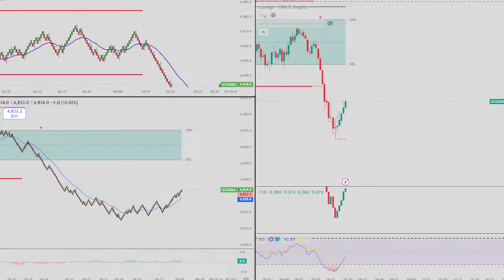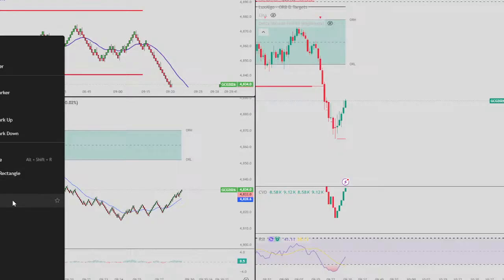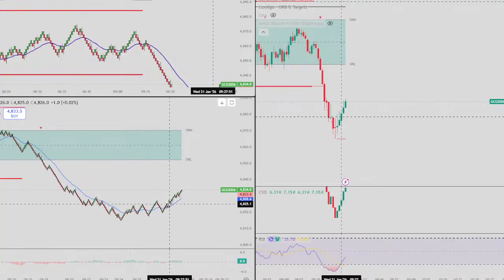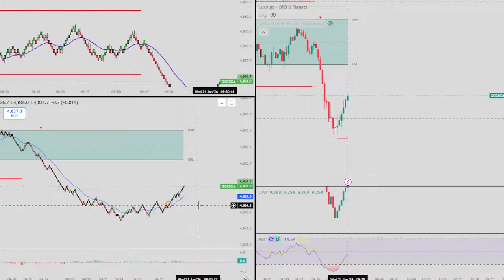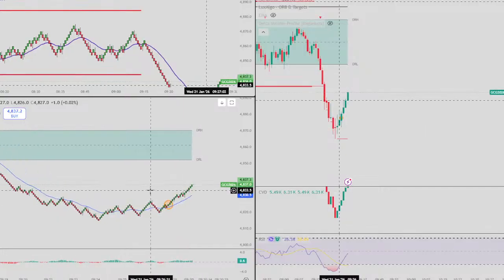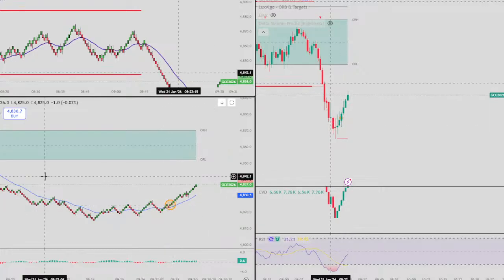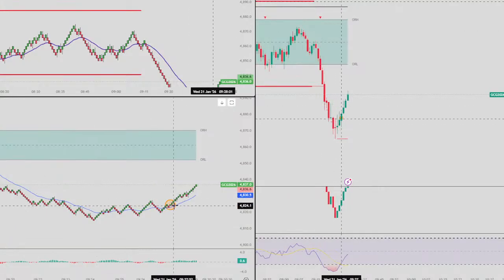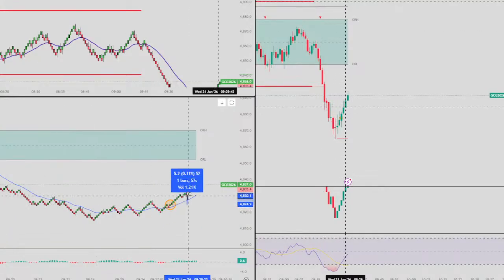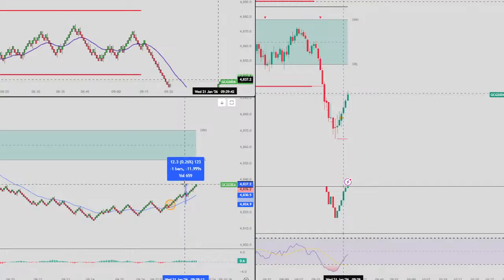I got out because I've never created this before, so I don't know exactly what to expect. But this was the entry off of this brick. Yeah, it's still going all the way back up. Beautiful. This was the entry. And we got out at 70. Yeah, we got out at 70 and we're up 100.